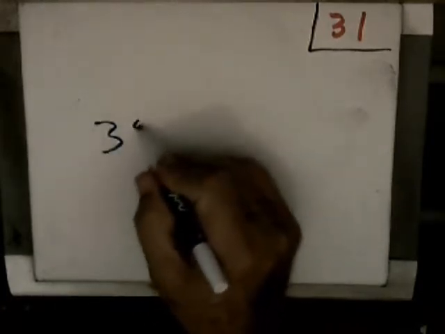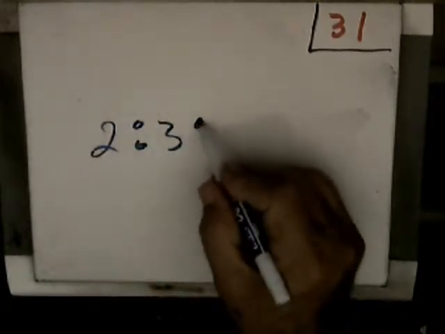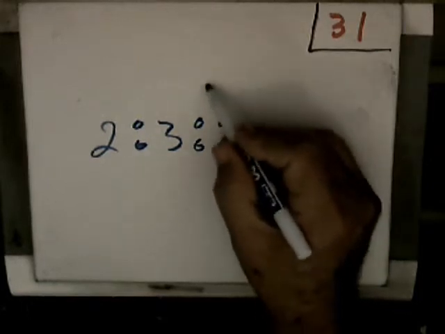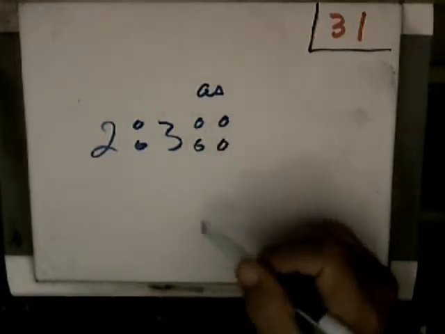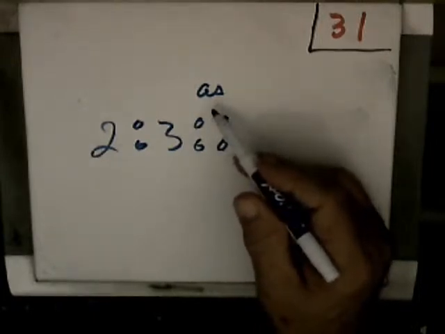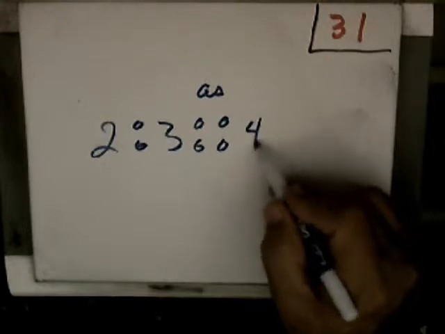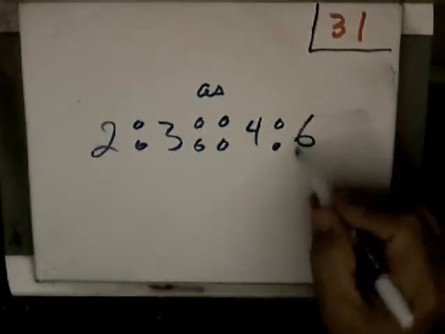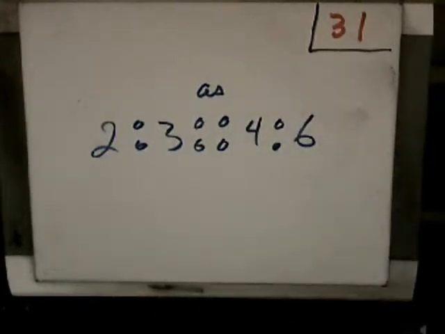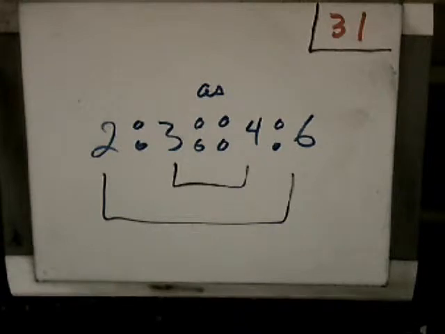Let's say we have 2 is to 3 as 4 is to 6. The 4 dots, or 2 colons, are read as an "as" statement. We said the extremes were the outside numbers and the means were the inside numbers.